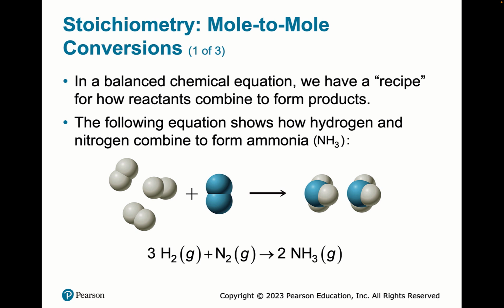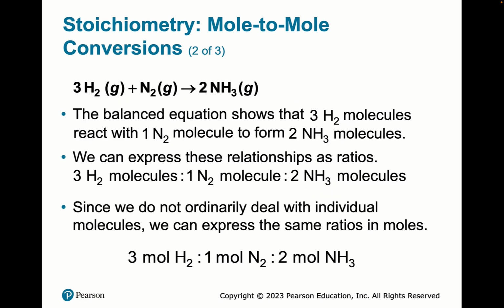So let's do a chemical reaction here. This is ammonia synthesis from hydrogen. 3 moles of hydrogen plus a mole of nitrogen makes 2 moles of ammonia. And notice I'm even using the word moles, and I said the molar ratio. That's what we do in chemistry, okay?